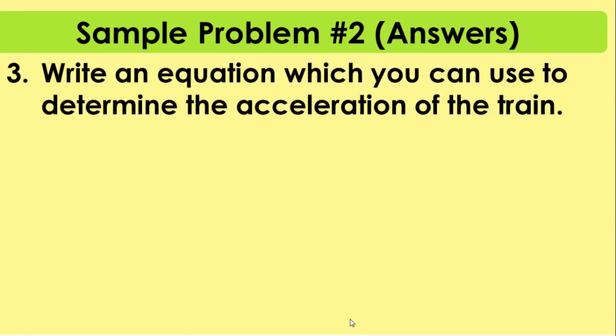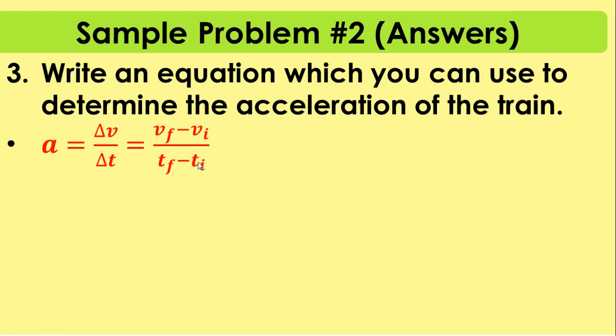Number 3. Now write an equation which you can use to determine the acceleration of the train. Now as we all know, the equation for the acceleration is given as the change in velocity over the change of time. Now we can rewrite this one as final velocity minus initial velocity over final time minus initial time.